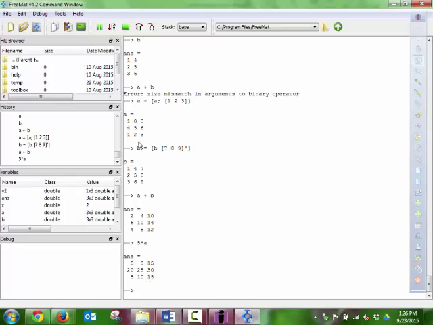And what that's going to do is take your matrix A and multiply each one by whatever scalar you multiply it by, in this case by 5. Subtraction will work the same way. And then the other business. So multiplication is a little bit different though.